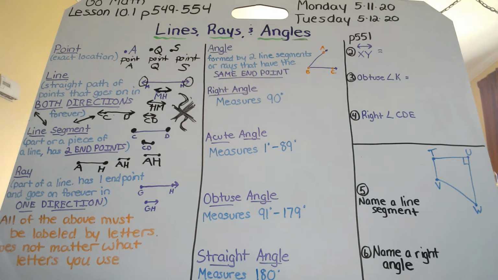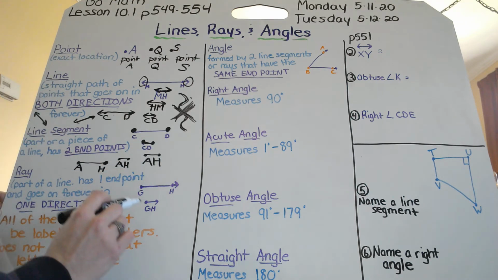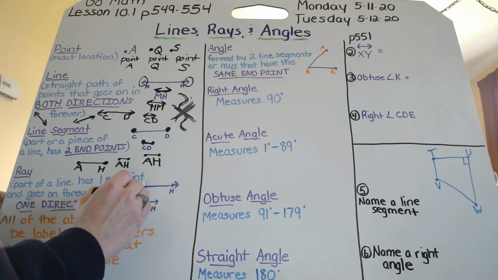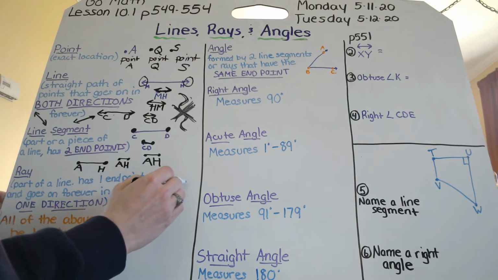All right, so we have a point, a line segment, and now we're going to be talking about a ray. A ray is very similar to a line, except a ray only goes on forever in one direction. This ray right here, GH, we have an endpoint right here, and then we have an arrow right here.